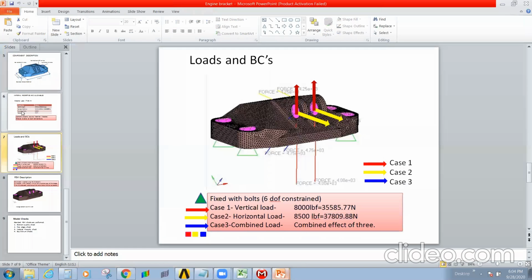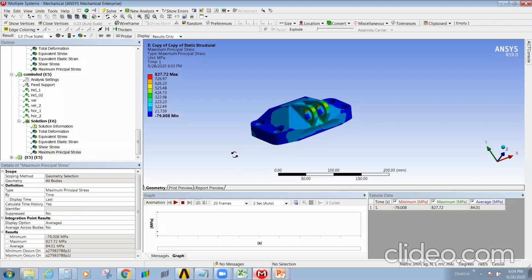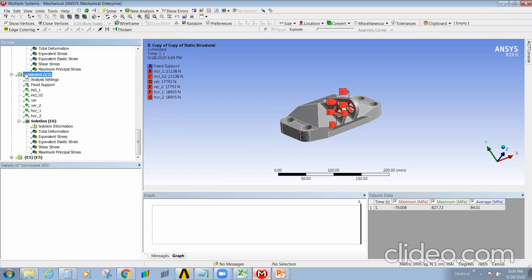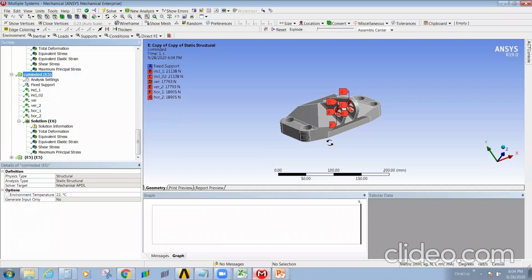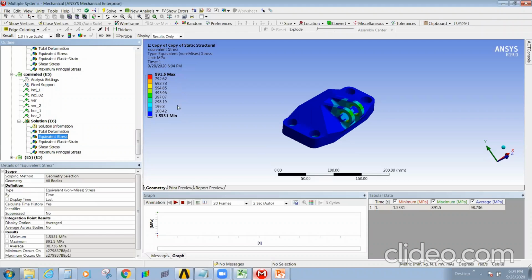So going back to material property, your yield strength is 903. Which will be your more critical load case? Your more critical load case will be your combined load case, because all the 3 are applied. So check the von Mises, it is 891.5.